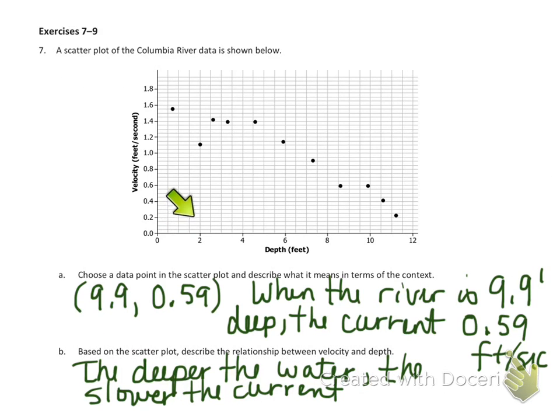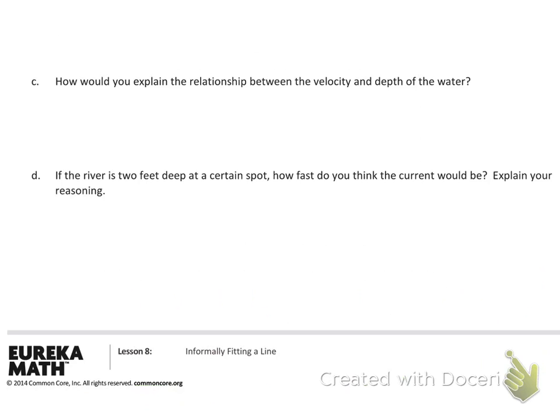There was actually a measurement for 2 feet, and it was 1.11. But this seems to be an outlier. 1.11, but more in line with the rest of the data would be right up in here, which would be about 1.4 feet per second. So I would choose 1.4 feet per second, but you could have a different estimate for that.